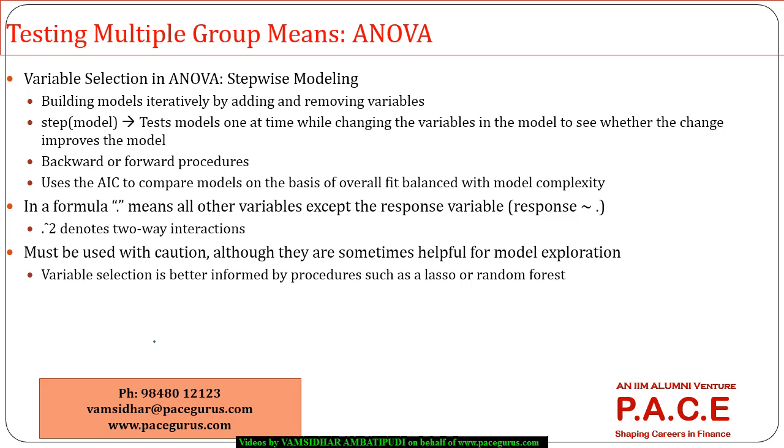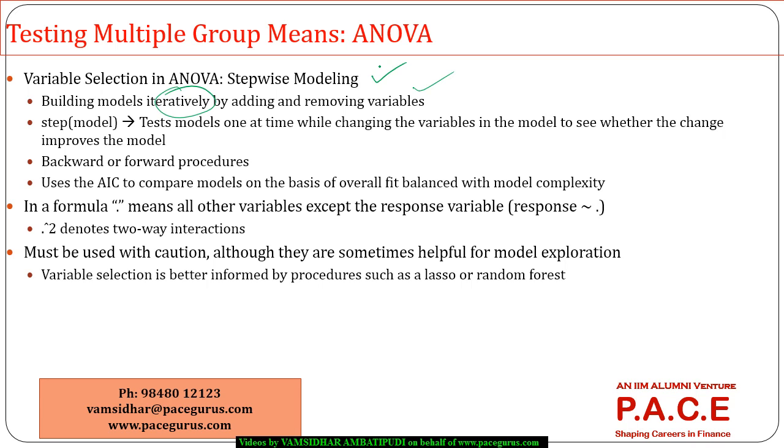Then the other aspect in ANOVA that I am looking at here is a stepwise modeling process. So now that there are multiple variables, if I want to give multiple variables, I can build models more and more iteratively, adding and removing the variables. So instead of just having a segment, I can try all of them one by one.